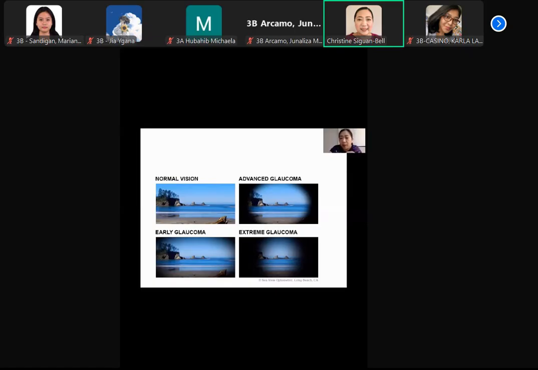With advanced glaucoma, the vision is going to be a little bit smaller, and with extreme glaucoma, it is called tunnel vision. It's like looking through a telescope. That's what people with extreme glaucoma see in the extreme cases.